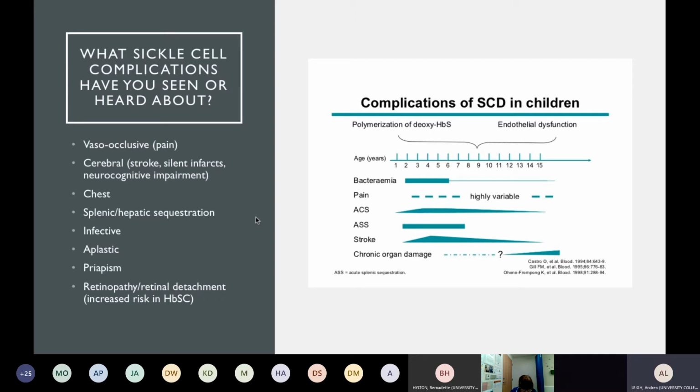Acute chest syndrome, so chest, again, Bernard touched on, people often ask me, how can I tell the difference between a child who's just got a normal chest infection, viral induced wheeze or all the other things that children get versus acute chest syndrome. The key message is, by definition, if you've got chest signs and chest x-ray changes, you've got acute chest syndrome.